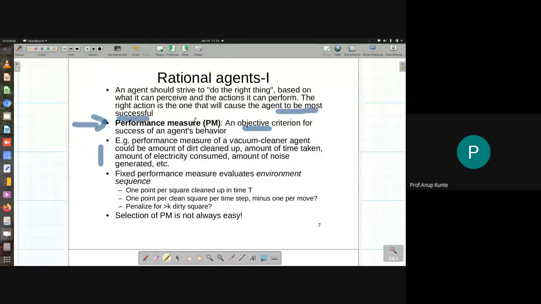So when you are analyzing a scenario and identifying an agent in that scenario, first and foremost you identify the sensors, identify the actuators, define what could be the actions, what could be the percept sequence. Then the next thing we need to think of is the performance measure. What is the performance measure?